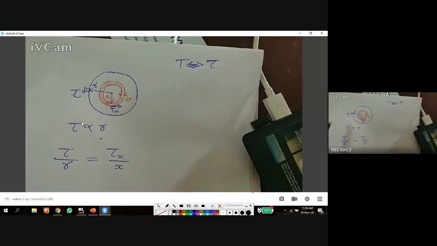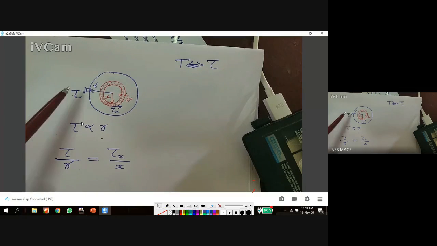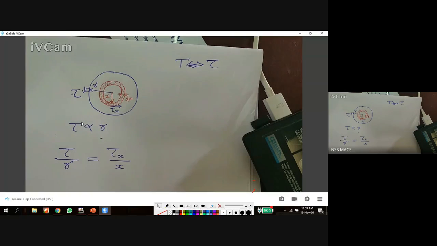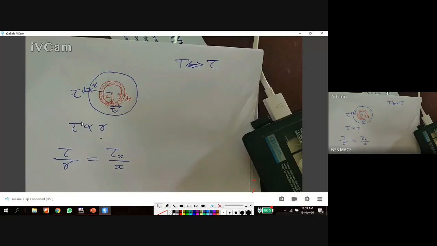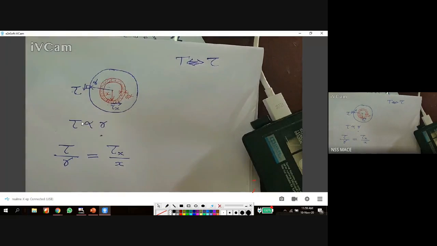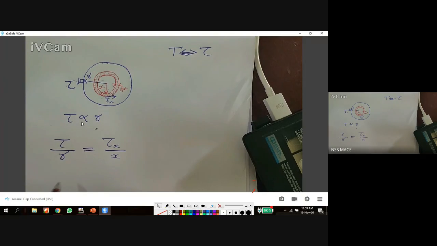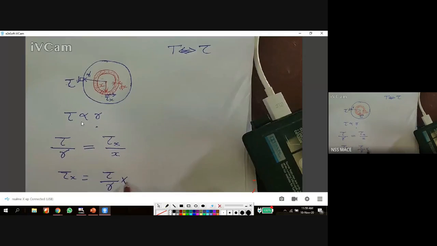So this tau, the one on the surface, is the maximum shear stress, corresponding to the radius of the shaft, that is r. So tau by r is equal to the shear stress at this point, tau x, with the distance x. So we can write tau by r equal to tau x by x. Any doubt? From this, tau x equal to tau by r into x.